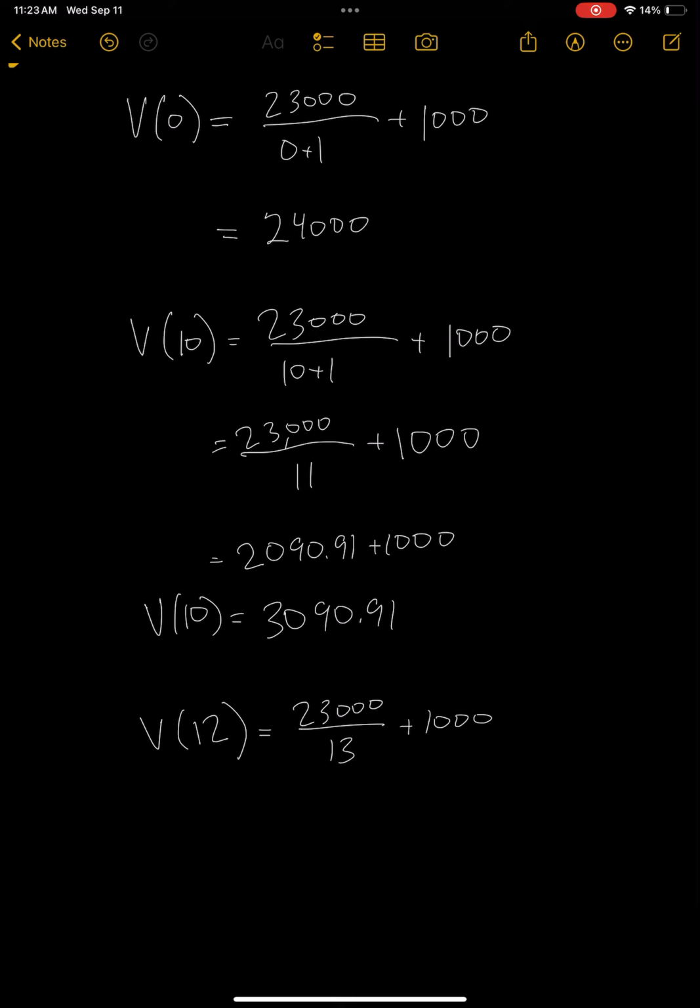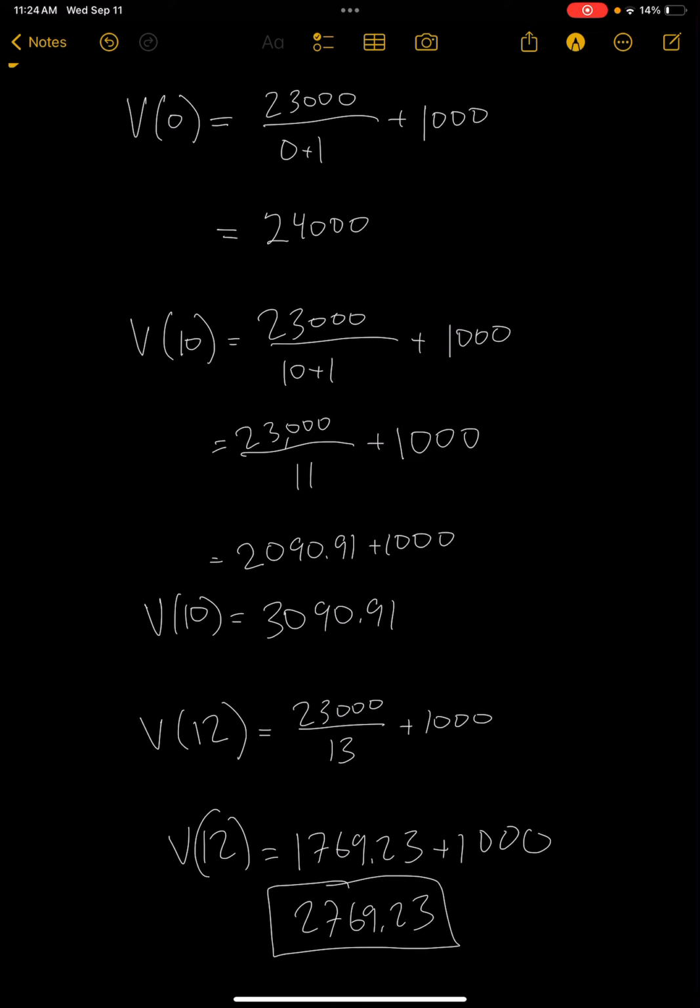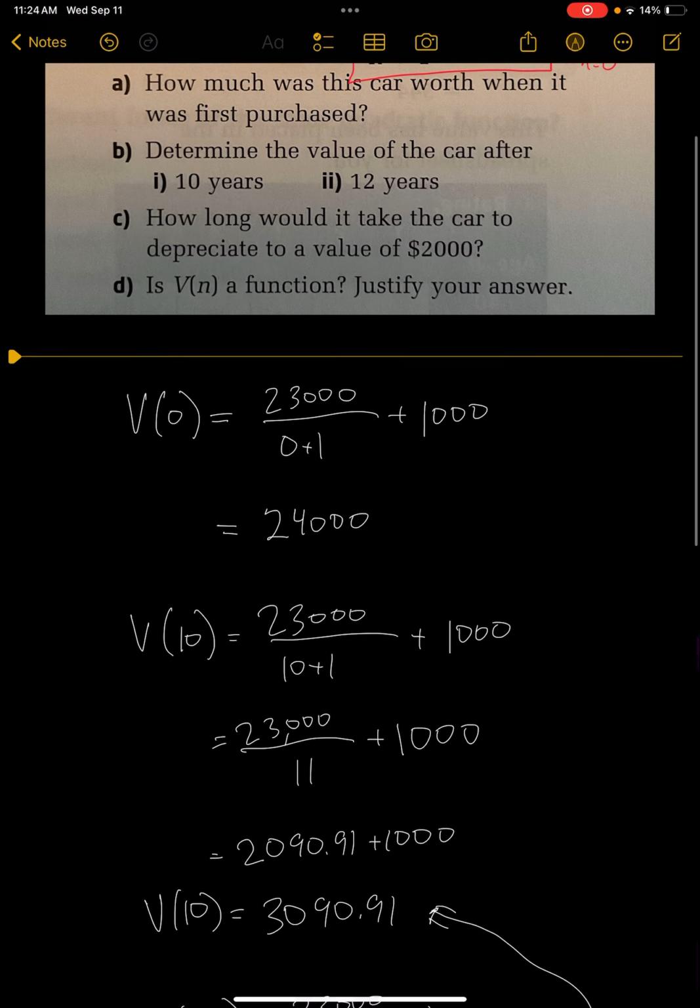So the answer is 1,769.23 plus 1,000, so 2,769.23. In the 12th year, I only lose about 200. Every year I lose less and less.